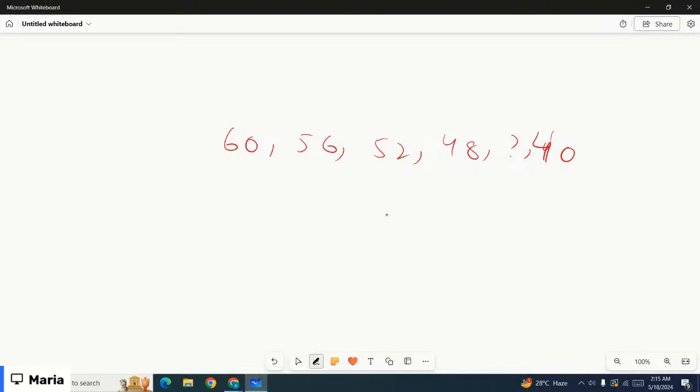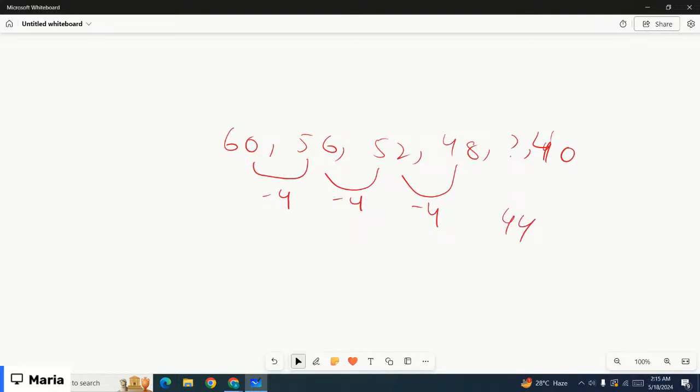Okay, so let's just see how the pattern is going. 56 minus 60 is negative 4. 52 minus 56 is negative 4. 48 minus 52 is negative 4. You have to find the missing one. That means you can find the next one just by subtracting 4 from the given number, right? So just subtract 4 from 48. 48 minus 4 is 44.